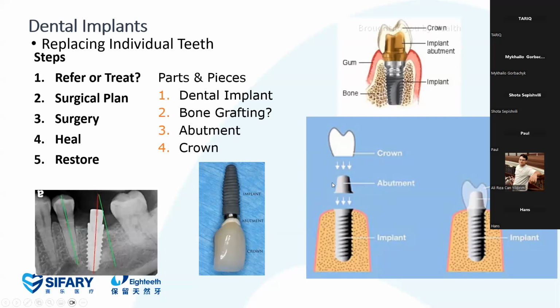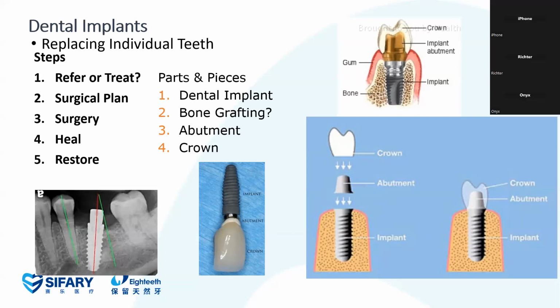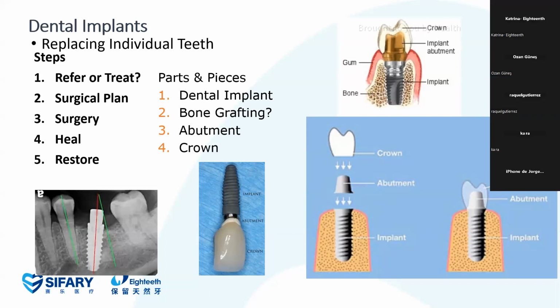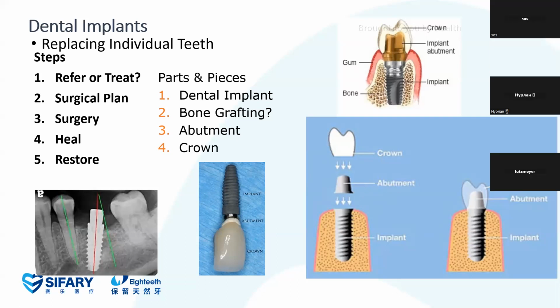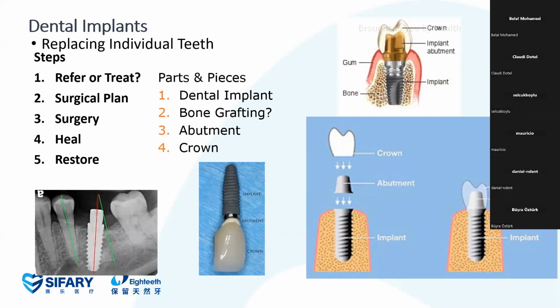And on top of that, there is also a crown. You will be hearing about abutments many times. An abutment is like a reshaped tooth, and they can all be provided by the implant brands. If the doctor knows the procedures, they are going to need an abutment. That's what we are going to scan, and they can make a crown on top.